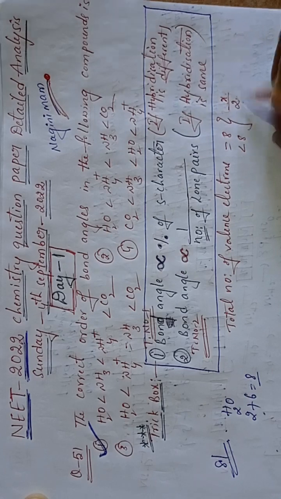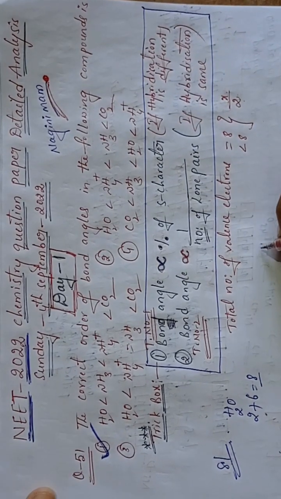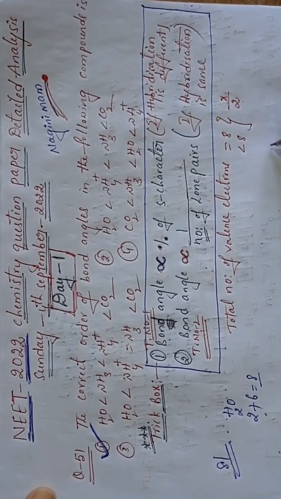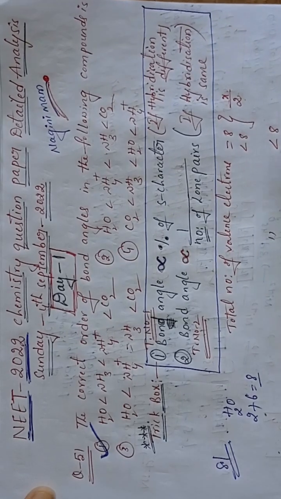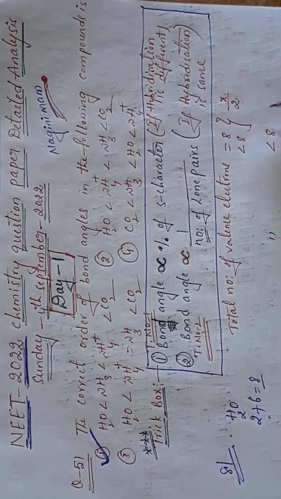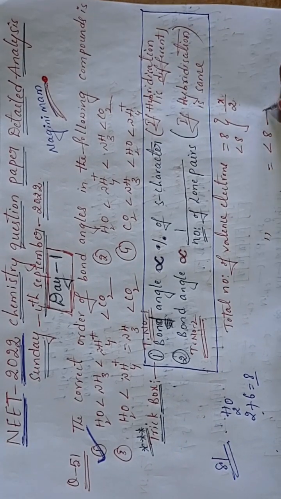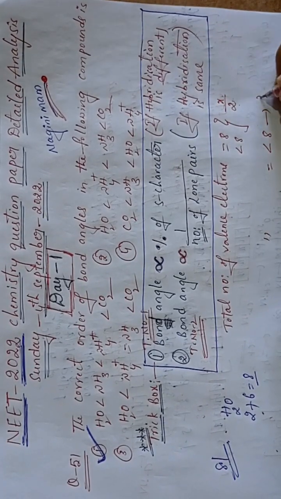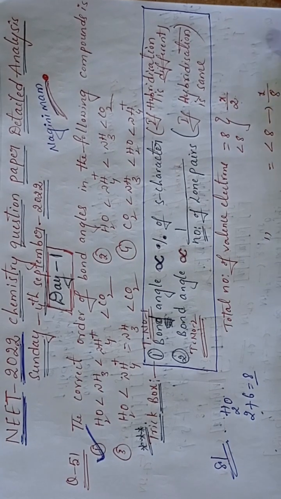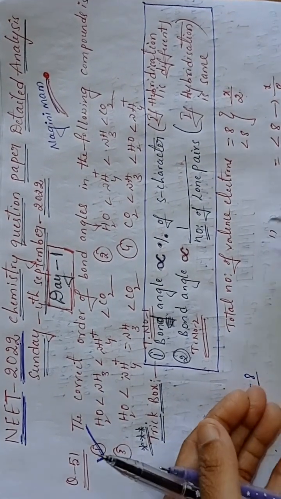If the total number of valence electrons is greater than 8, then you should divide that number by 8. So this is the trick.